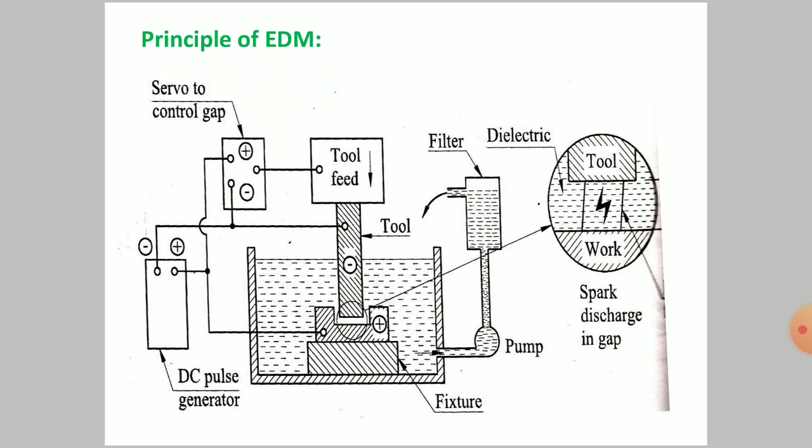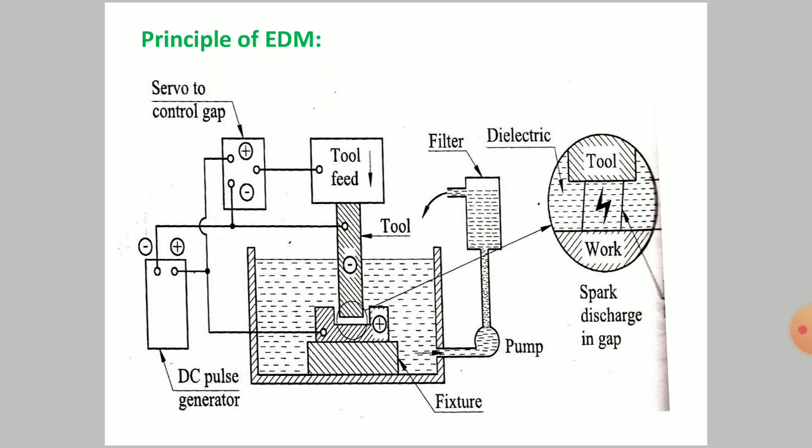The DC pulse generator is provided that gives the power supply, and the supply is connected with the servo control. As you can see, the workpiece is given a positive charge whereas the tool is given the negative charge.